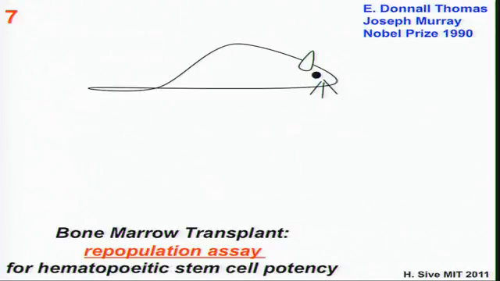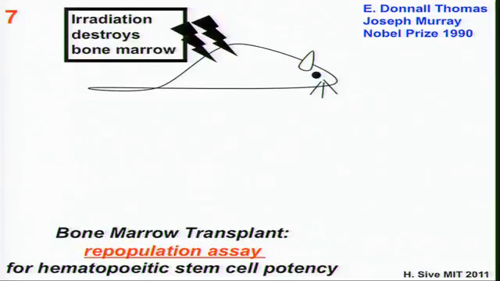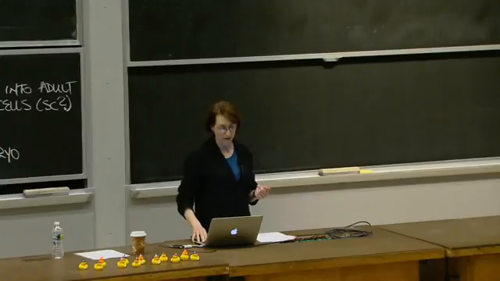Bone marrow transplants resulted in a Nobel Prize in 1990 for E. Donald Thomas and Joseph Murray. It's a technique that saved millions of lives, and here's how it works in a mouse. You take the mouse and irradiate it to destroy the bone marrow and the stem cells associated with the bone marrow, or, if it's a person, to destroy the diseased bone marrow.